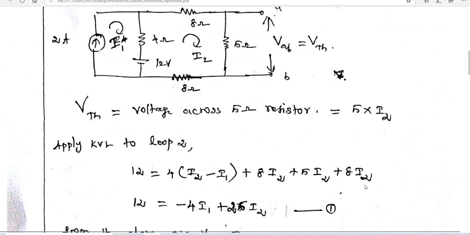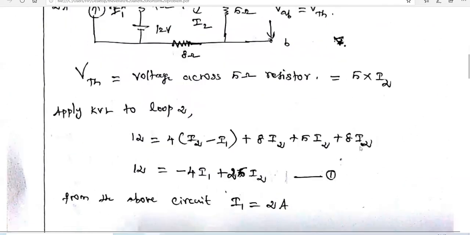The sum of voltage rises equals the sum of voltage drops, so 12 equals this. Collecting the I1 and I2 terms, we have minus 4 into I1, and all the remaining terms are I2 terms. Adding 4 plus 8 plus 5 plus 8 gives 25 into I2. This is equation number 1.